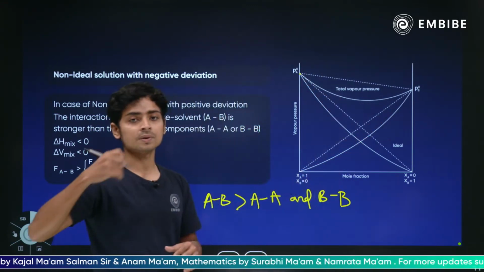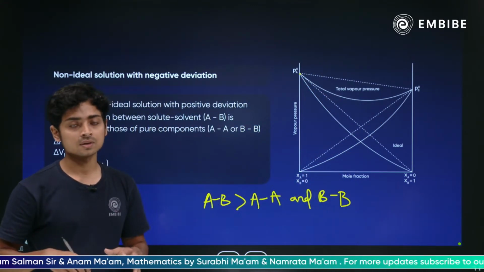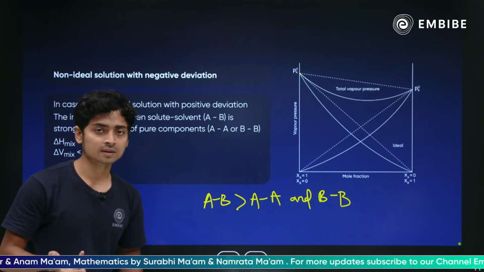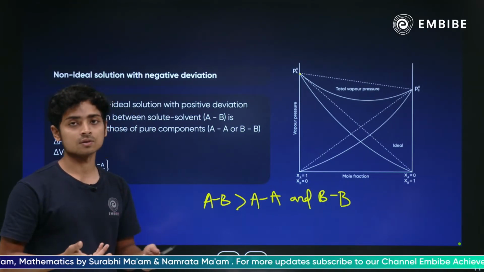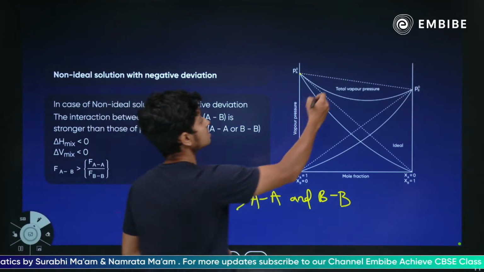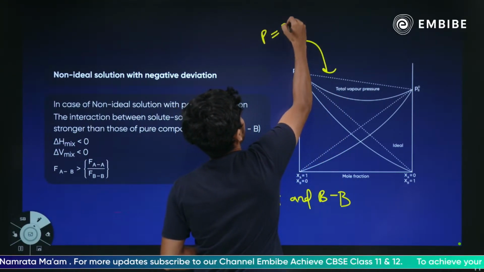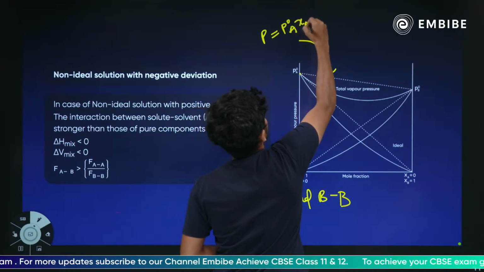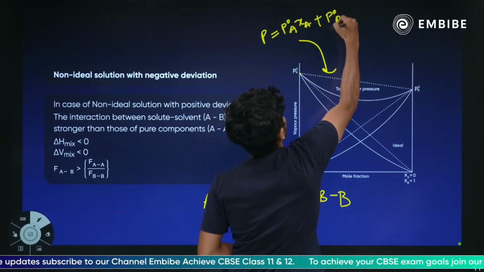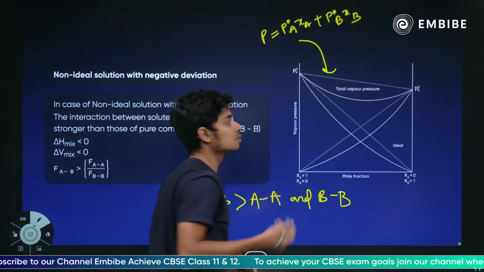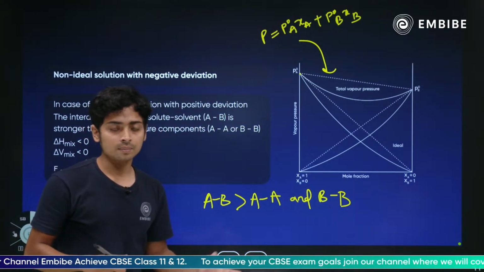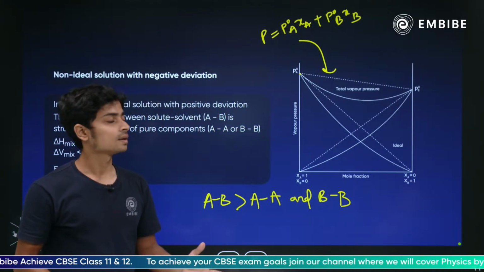So obviously the total pressure of the solution will be reduced compared to what it would have been had it formed an ideal solution. Again, this line follows P equals P naught A into xi of A plus P naught B into xi of B, based on Raoult's law for a binary solution of two liquids.